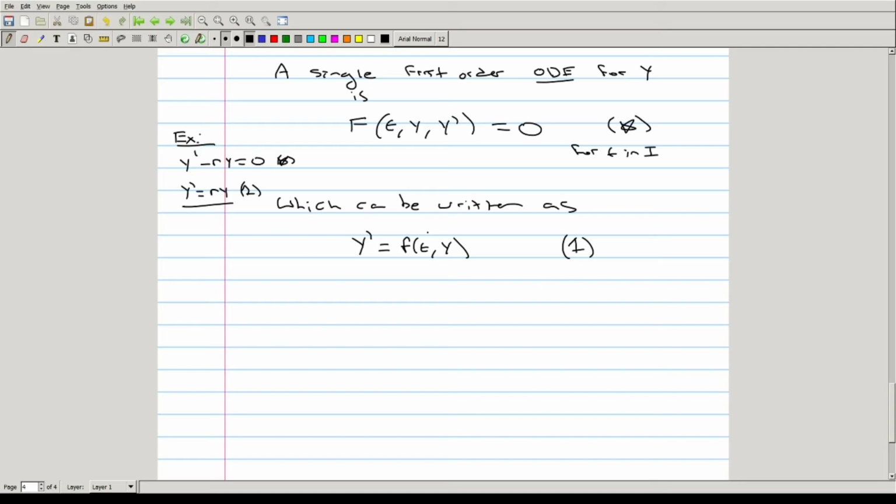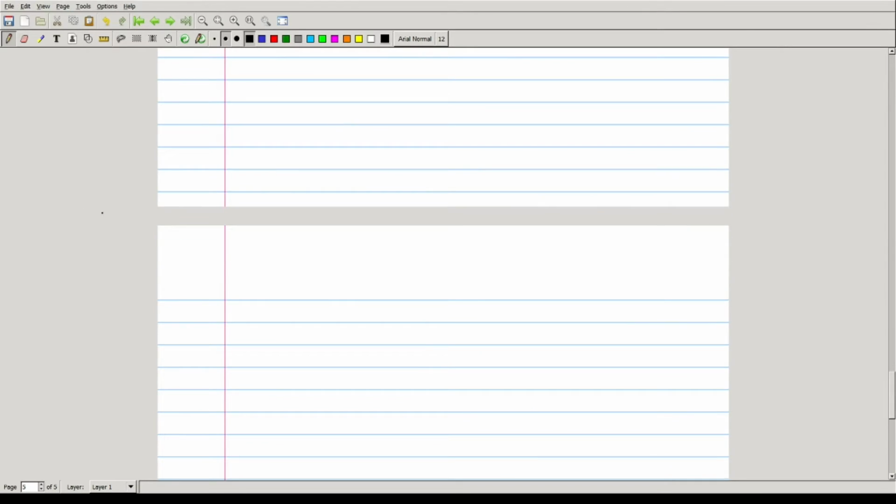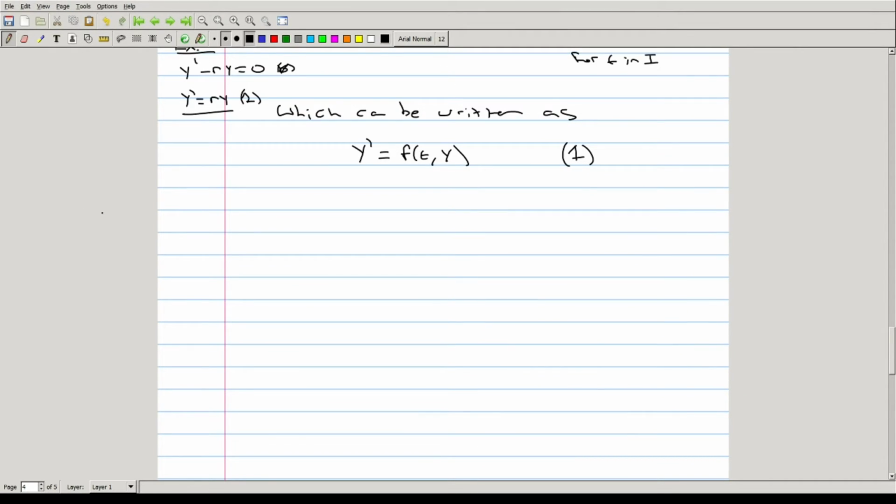And this is what the theorems are going to place conditions on: the function f, in terms of our existence and our uniqueness theorem. So in this class, and we'll see examples where this is violated, but for the theory, our existence theorems depend on certain assumptions on this function lowercase f.